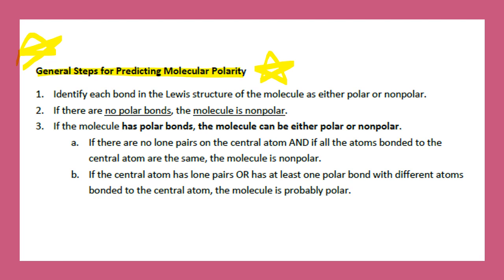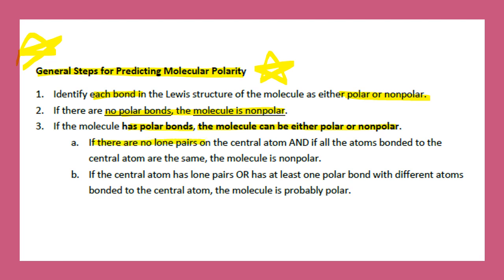So first, we're going to identify if the bonds in the Lewis structure are polar or nonpolar by electronegativity difference. Step 2, if there are no polar bonds, the molecule's not polar. Makes sense? Step 3, if it has polar bonds, then the molecule can be polar or nonpolar.